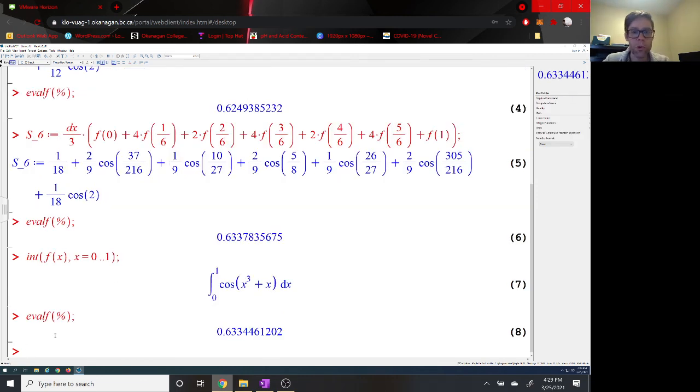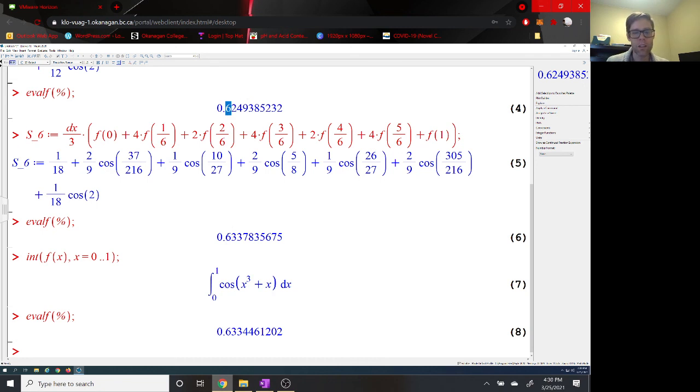So there you go, this is the true net area using Maple, 0.6334446. And you can see just how close Simpson's rule is, right? It already has captured about 3 decimal places of accuracy just using 6 subintervals, where the trapezoid rule has only got 1 decimal place of accuracy using 6 subintervals.